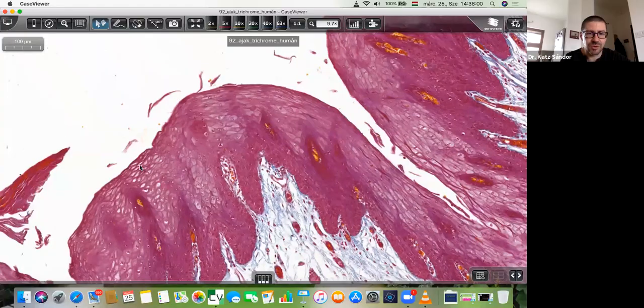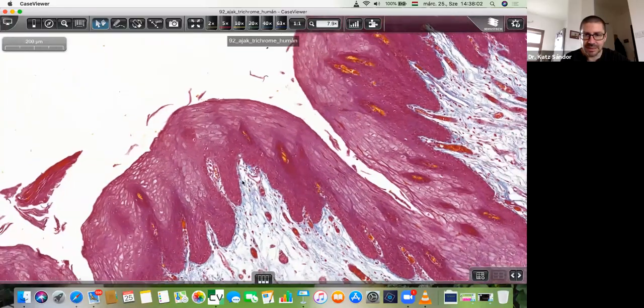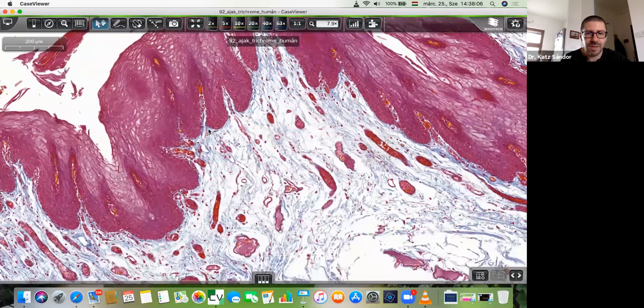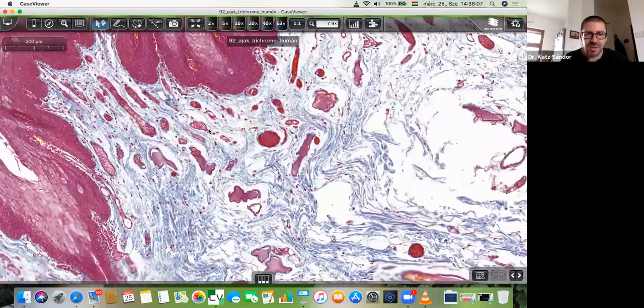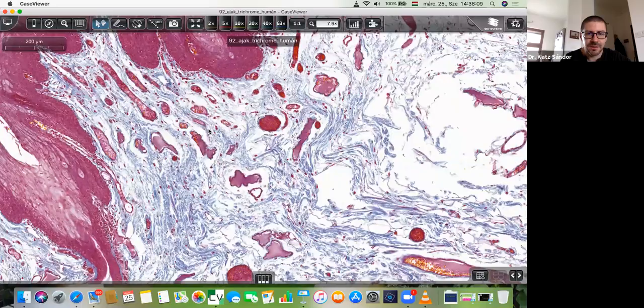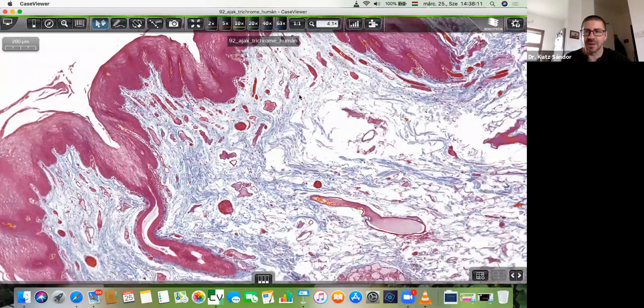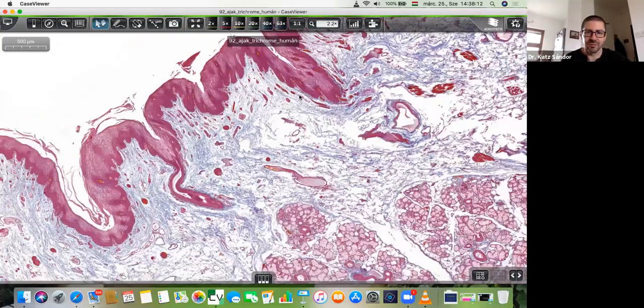Then we also have dermal papillae here, underneath the layer, but no hair follicles. Looking at this area, we cannot find the typical elongated conical shaped hair follicles.